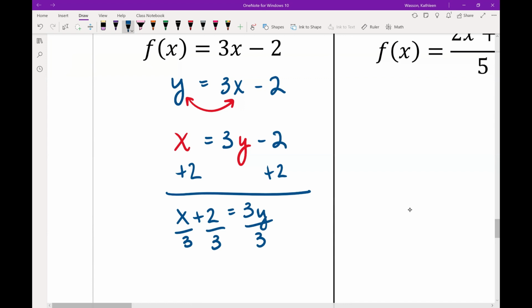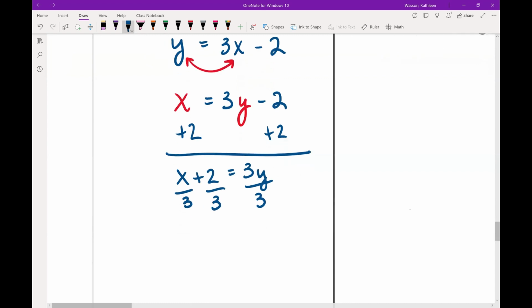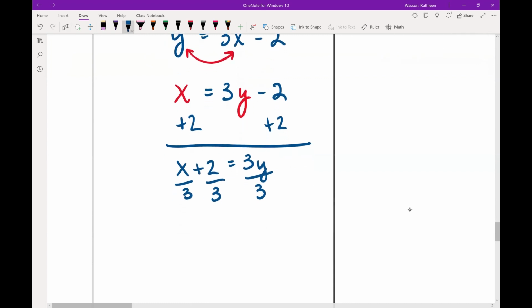So 3 over 3y is 1y. So now I've finished solving. I get y equals 1/3 x, which is another way to write x over 3, plus 2/3.